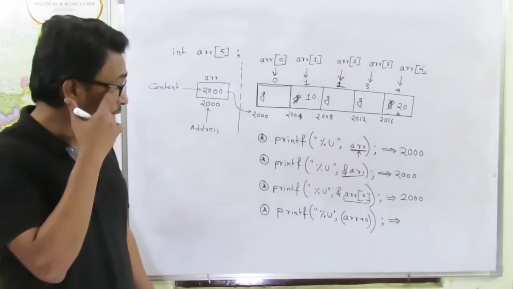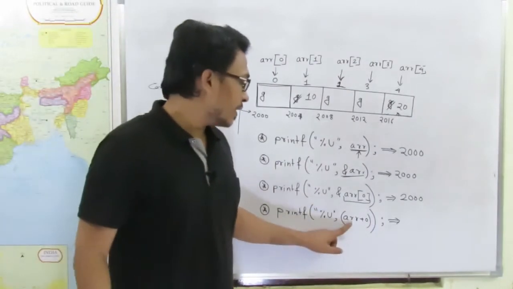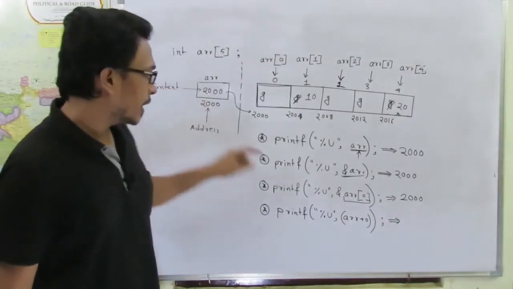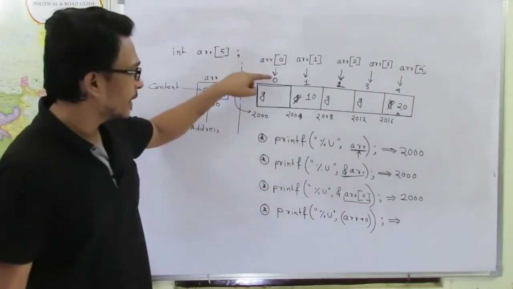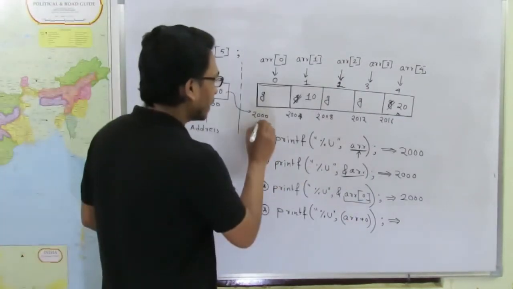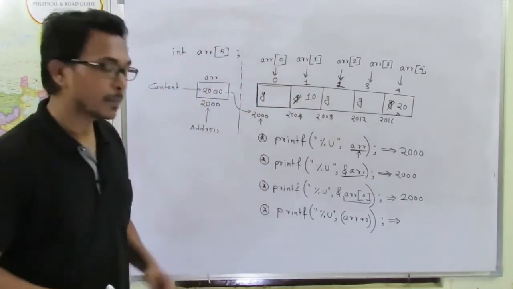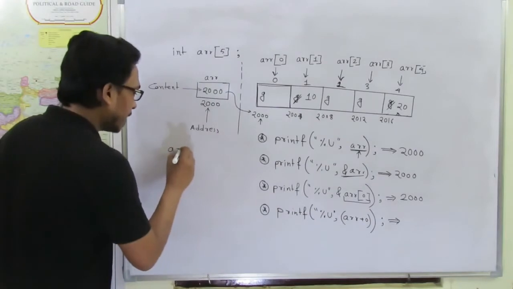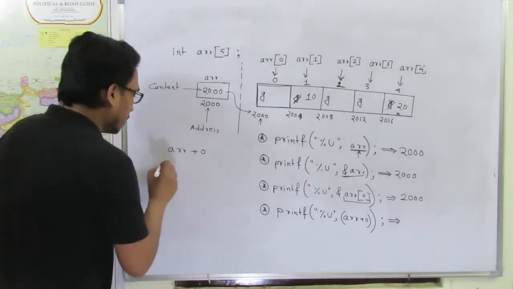So what will it give us? Look, arr is this one, and the content of arr is 2000, and plus 0 means it will come here, and the address here is 2000. That means in this particular instruction also we will get 2000.